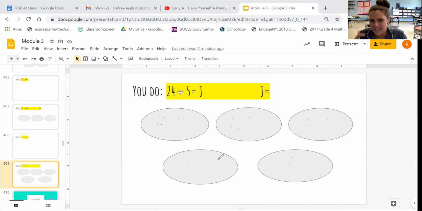Oh, wait a second, friends. That's not fair. I'm going to erase 1, 2, 3, and 4, because that's not fair sharing. There would be one person that didn't have the same amount. 1, 2, 3, 4 are left over. So my answer: each group has 4, and then there's a remainder of 4, okay? So this is dividing.